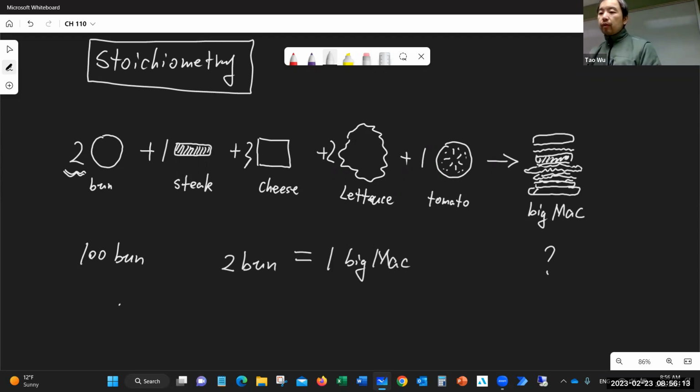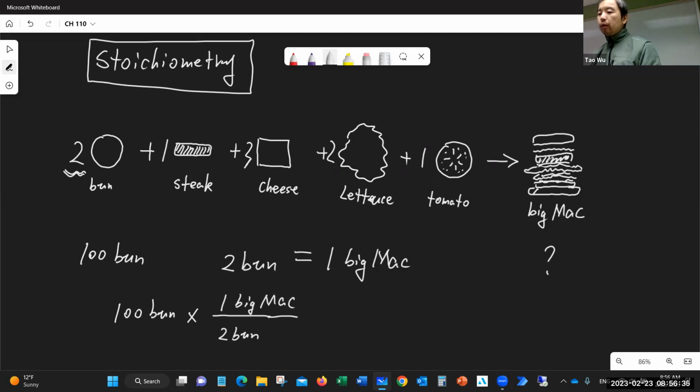And we know we originally have 100 buns. Then you just need to multiply by the unit conversion, since 2 buns equal 1 Big Mac: 2 buns and 1 Big Mac.